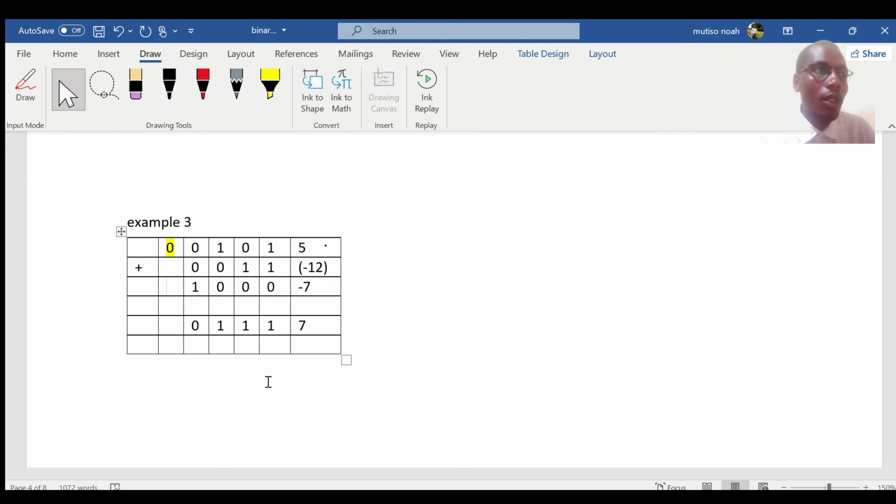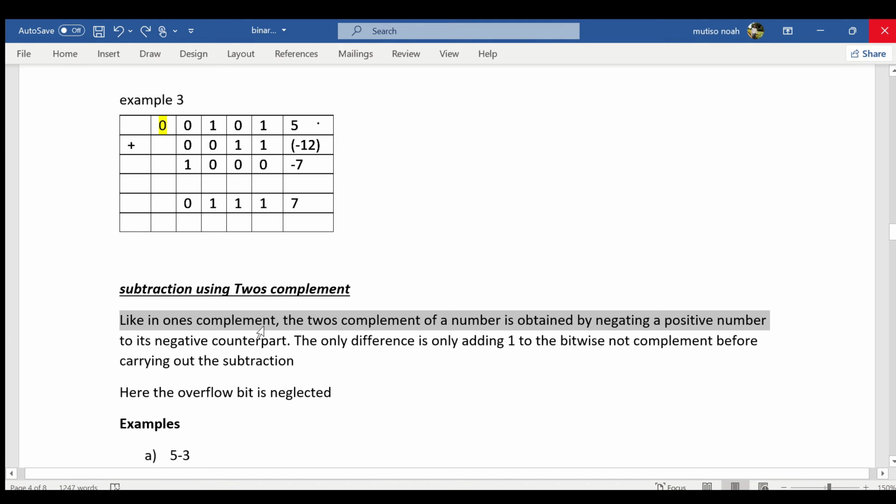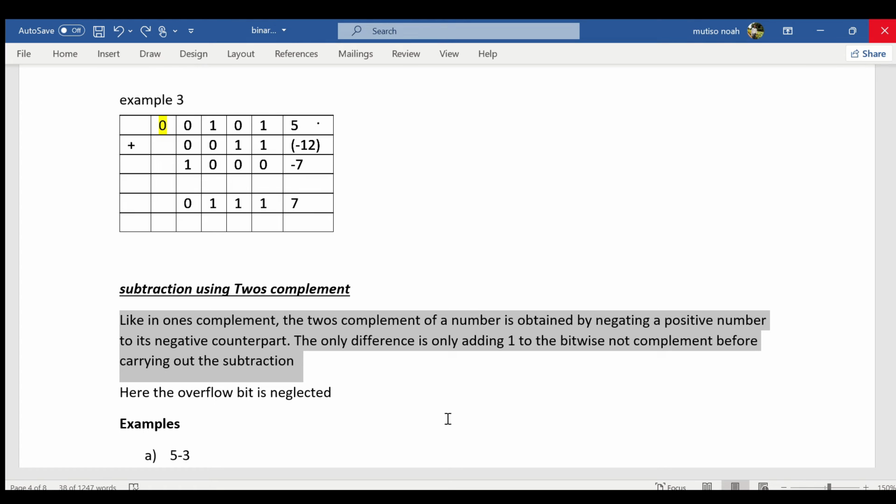Part 3 and the last part is performing binary subtraction by using 2's complement. Like in 1's complement, the 2's complement of a number is obtained by negating the positive number to its negative counterpart.